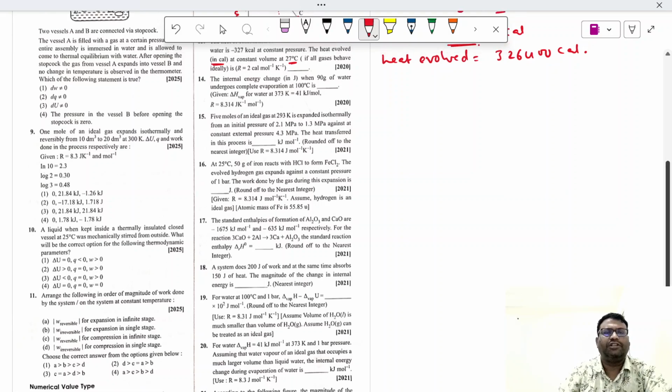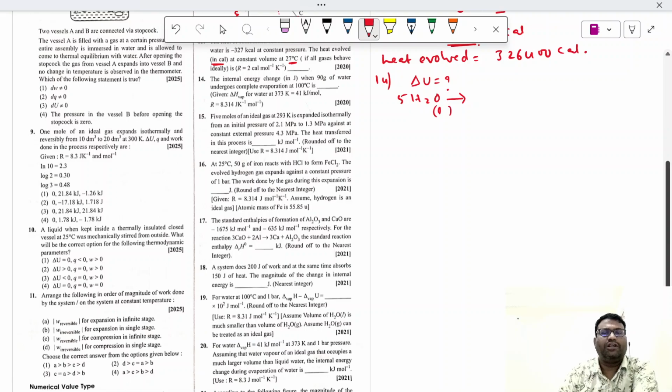Next question is 14. The internal energy change in joules. Internal energy change, delta U, is asked. And 90 grams of water undergoes, 90 grams of water means 5 moles of water, 5 into 18 gives you 90.